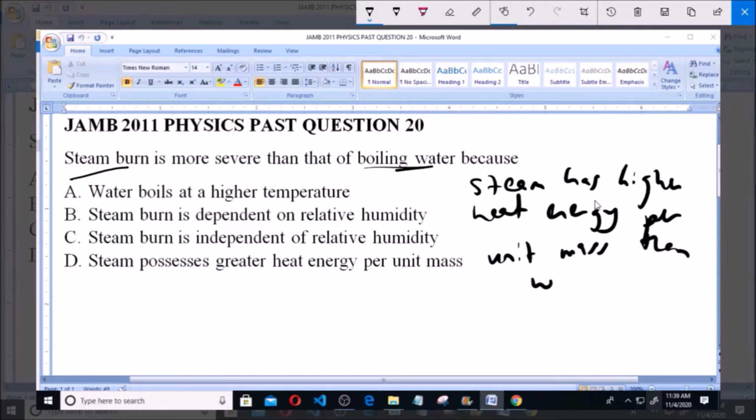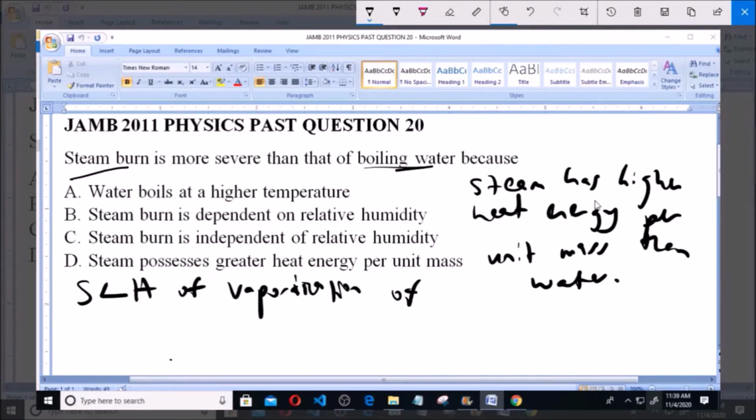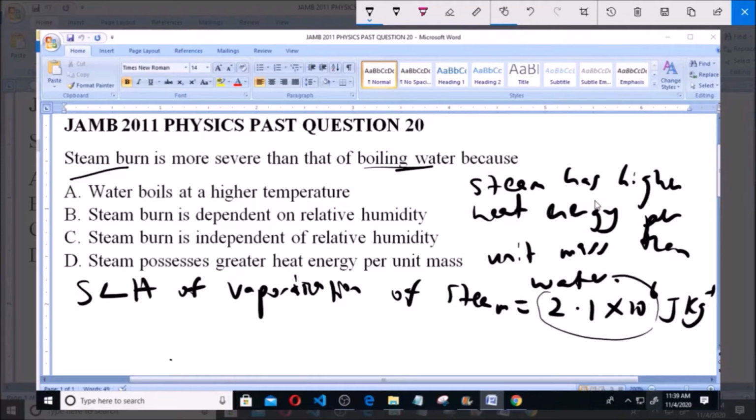than water. Now as proof of this, the specific latent heat of vaporization of steam is equal to 2.1 times 10 raised to the power 6 joules per kg. So this is the heat energy per unit mass.